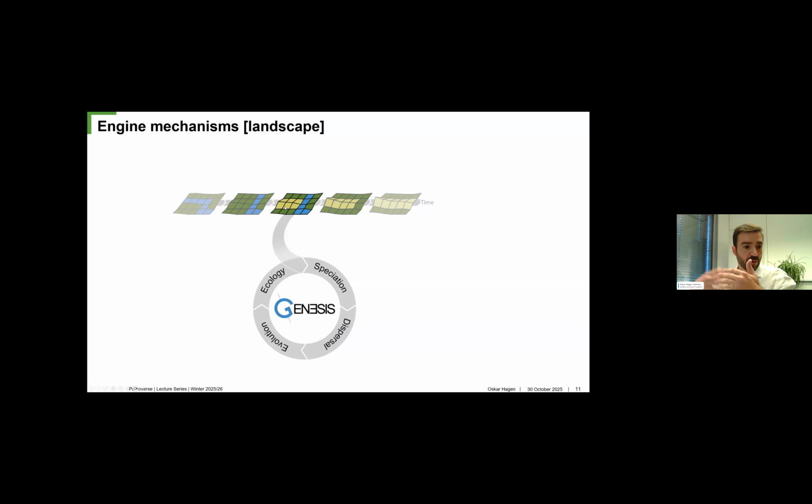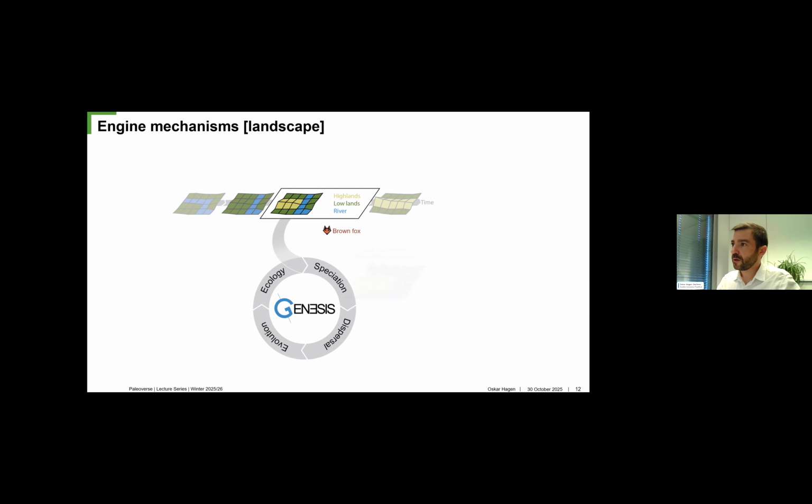And every time we have a change in this landscape, we trigger a sequence of 3 or 4 main processes within the engine. And to show these processes, I will use a single population of a single species, a brown fox.